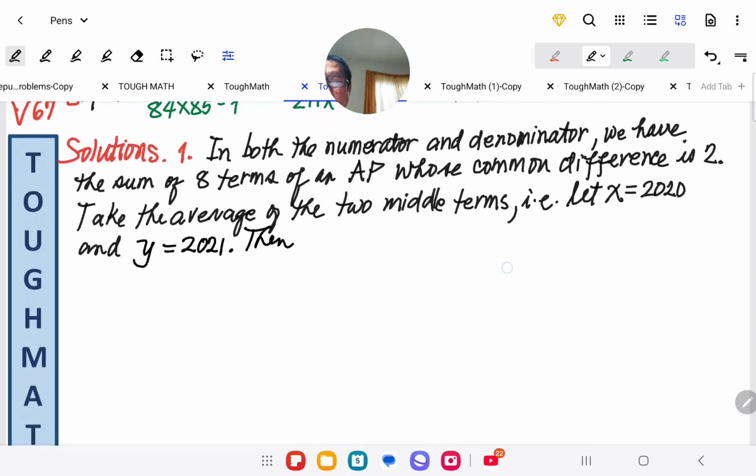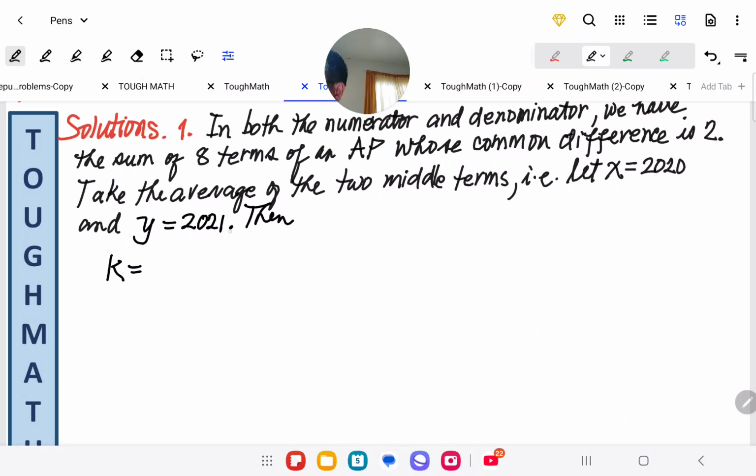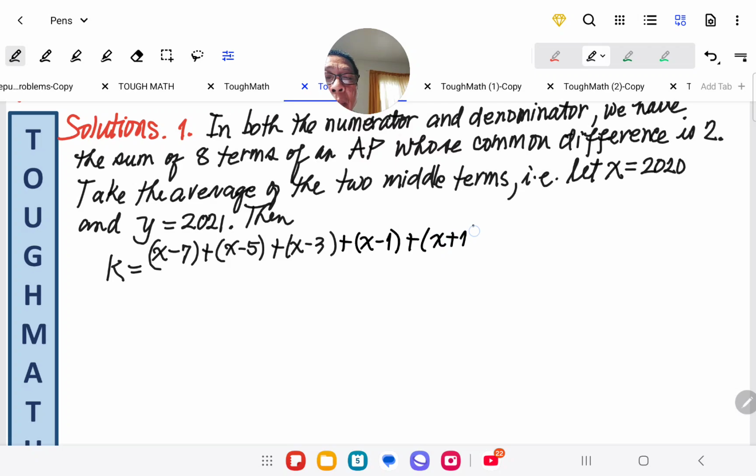Then our k would look like this. It would now be x minus 7 plus x minus 5 plus x minus 3 plus x minus 1 plus x plus 1 plus x plus 3 plus x plus 5 plus x plus 7.